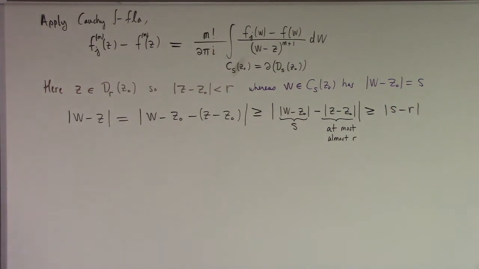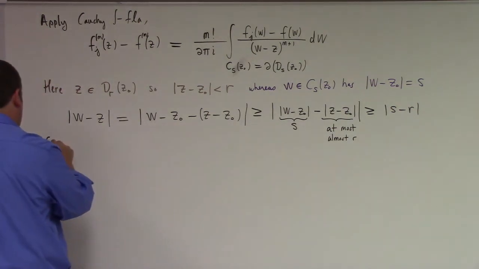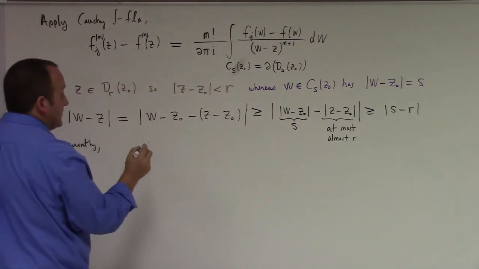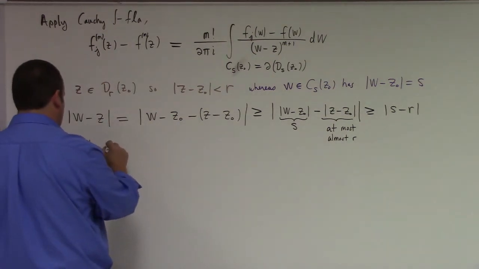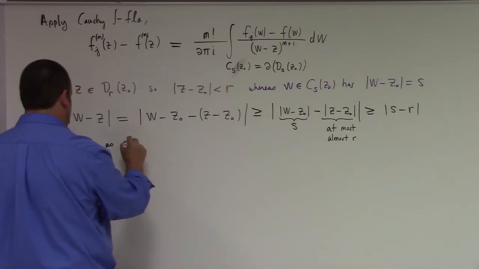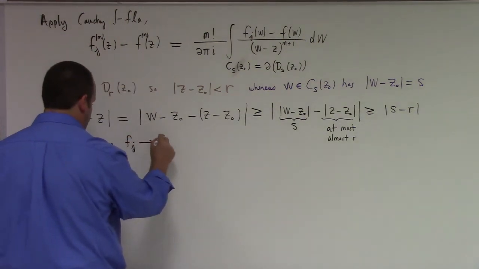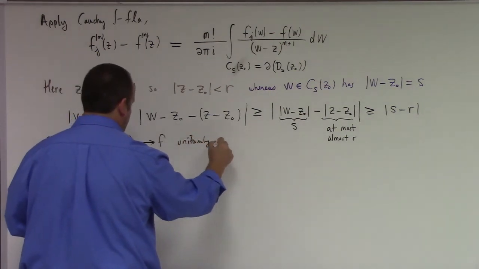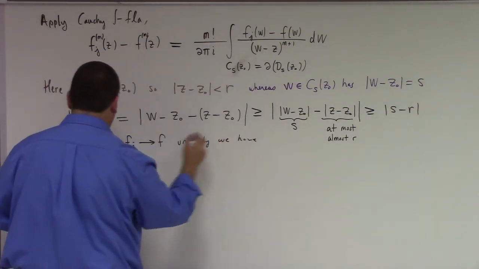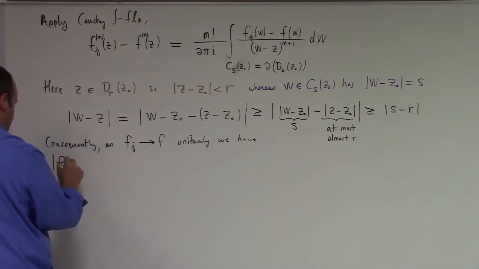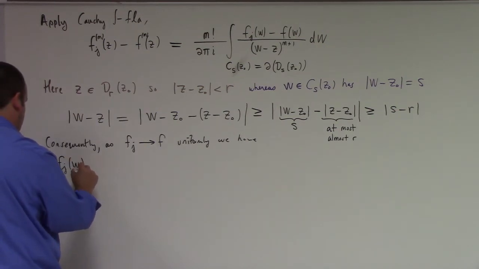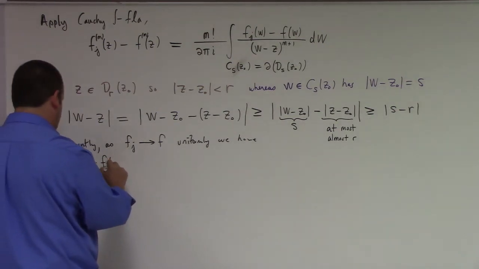So, consequently, as Fj converges uniformly, we can look at Fj of w minus f of w, right?